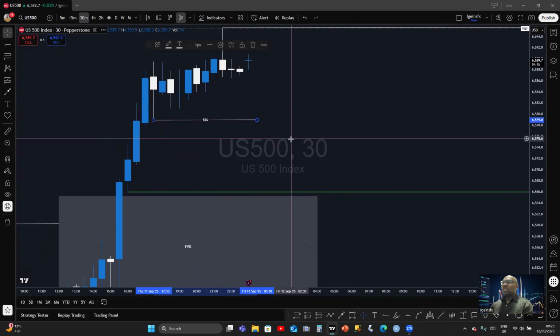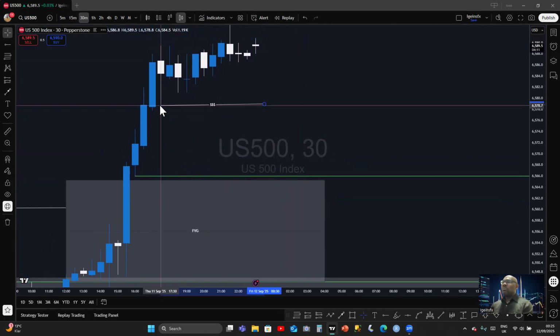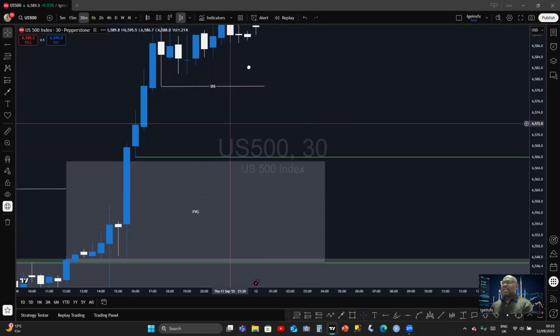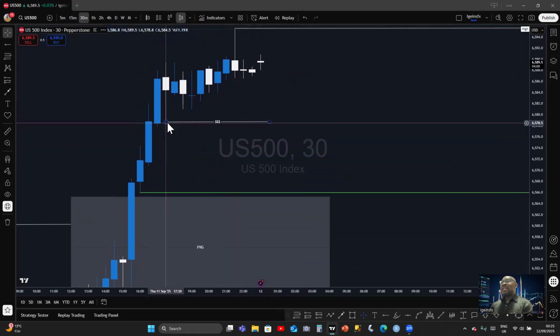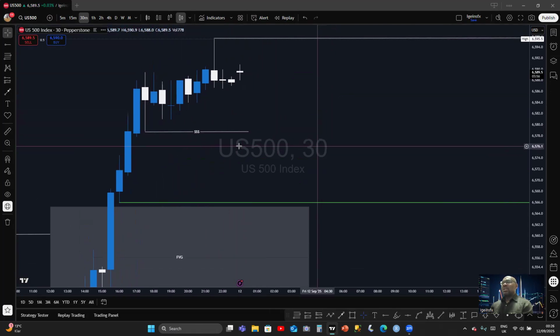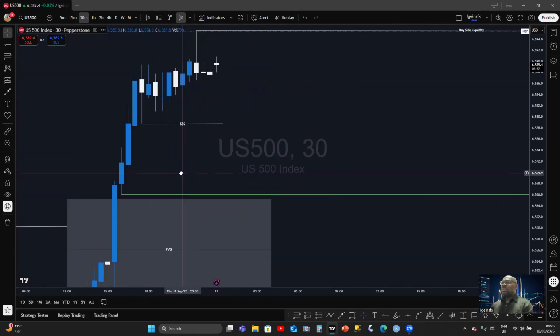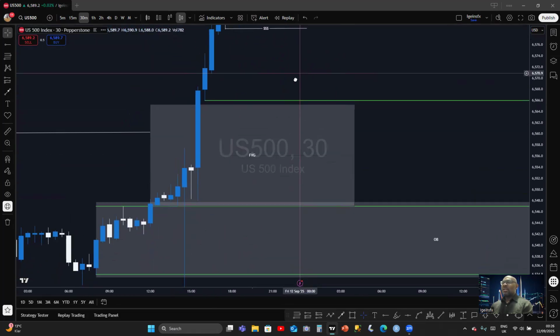It wants to retrace, and the retracement will have to go below this level. So automatically, this level here is now regarded as a sell side liquidity. It is a trap. This is not a strong support level. It's a trap.